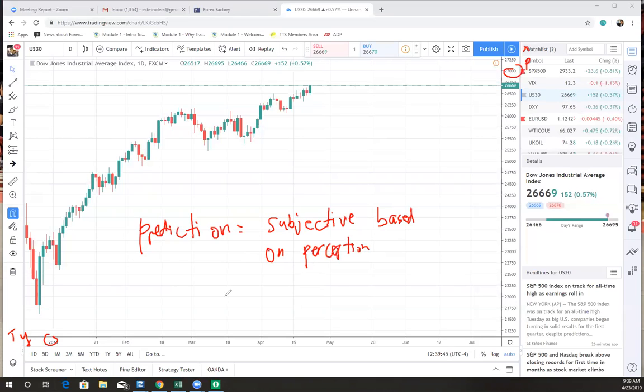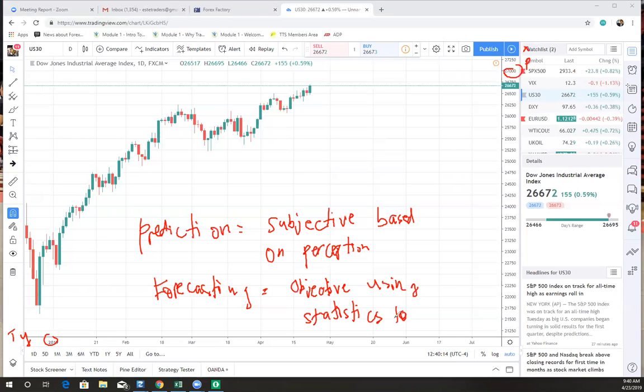On the other hand, to forecast the price is not predicting, because you're now dealing here with objectivity using statistical data, using statistics to create a probability.